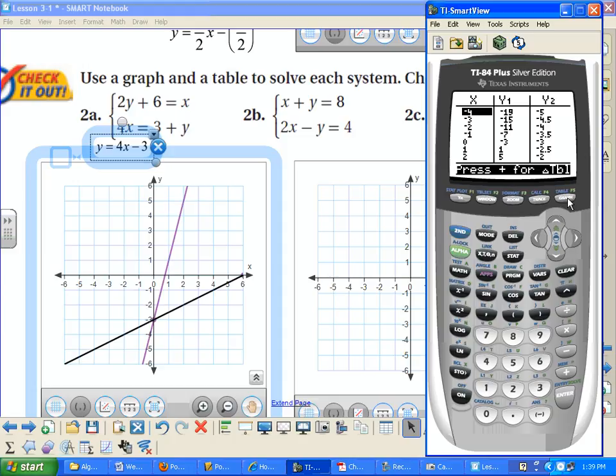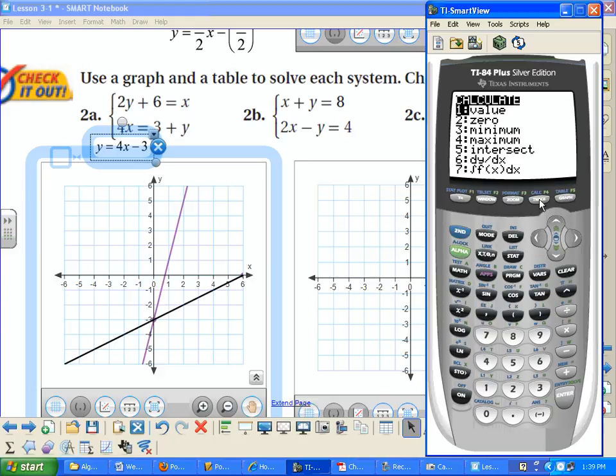But you can look at your graph, and I can estimate where they are. There is also a way: if you hit second trace and then go to number 5, which is intersect, it will actually find it for you.